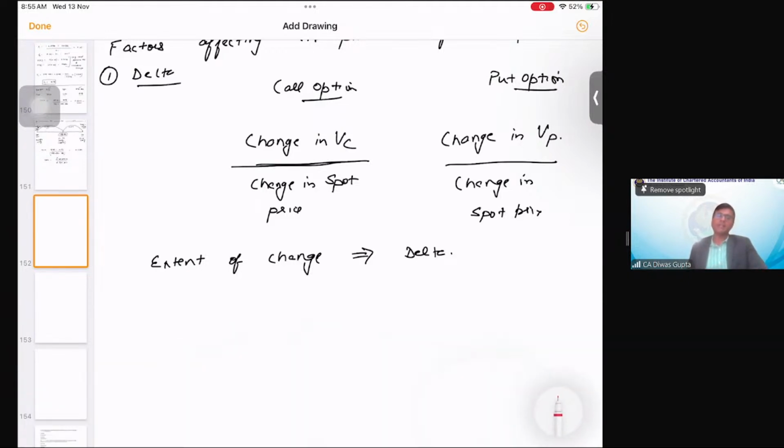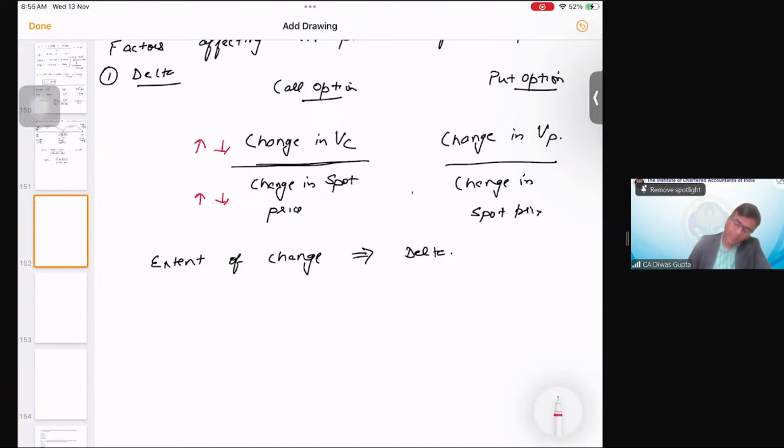And another interesting thing, if the spot price increases, the value of call option will also increase, right? If the spot price decreases, the value of call option will also decrease. Now, in case of put option, students, I want all of you to answer.